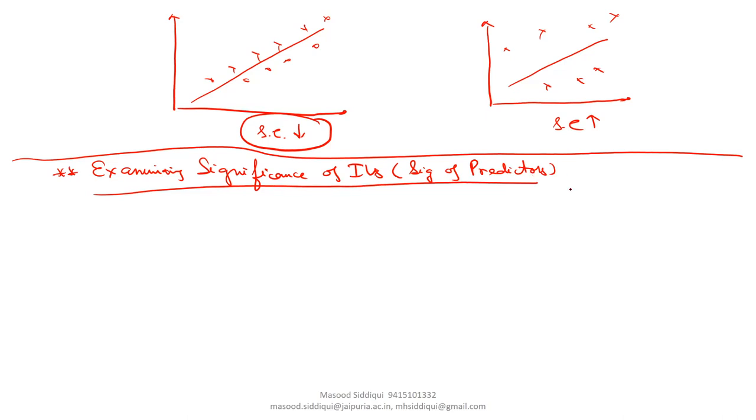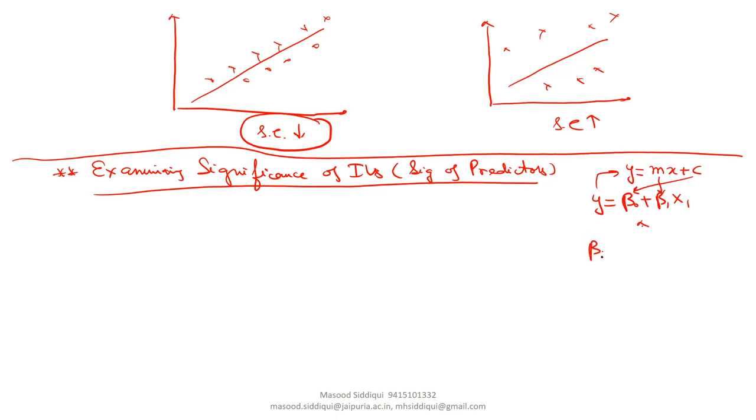Let me explain this concept using bivariate regression first. Suppose we have this model: y is equal to beta 0 plus beta 1 x1. If we compare this with the line equation that we have done in coordinate geometry, y is equal to mx plus c, c is equivalent to beta 0 and m is equivalent to beta 1.